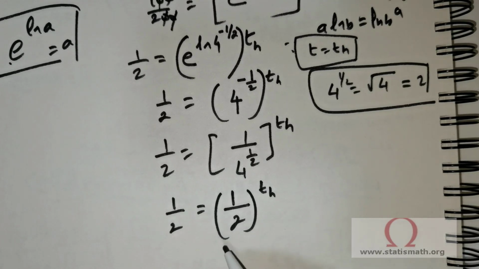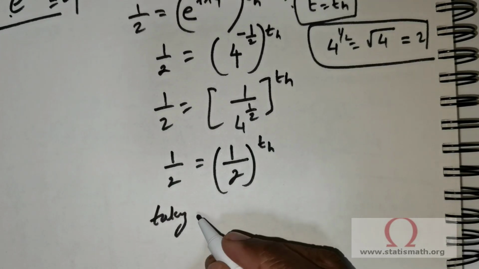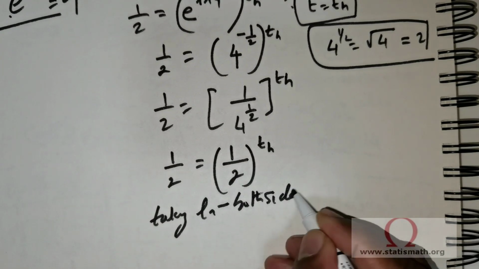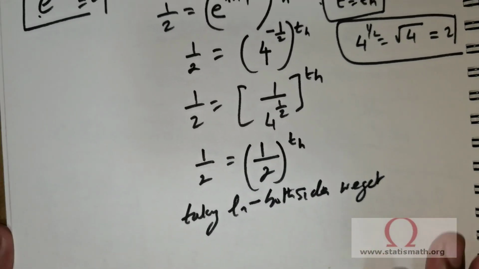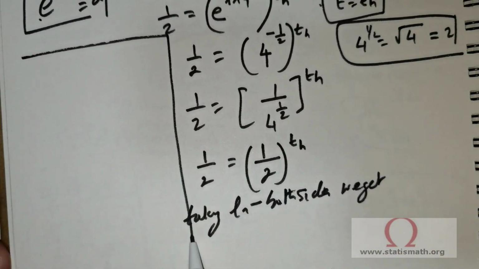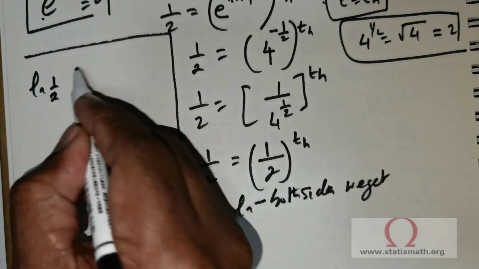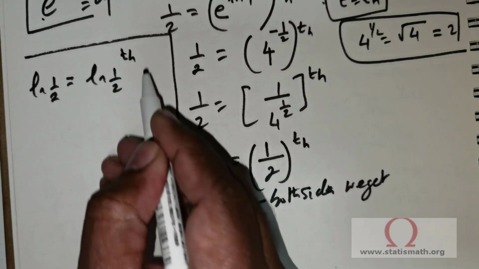So, what I'm going to do is take ln both sides. Okay, taking ln both sides, we get, so what do we get? Maybe I can use the space here. So, this is going to be ln of 1 over 2 is equal to ln of 1 over 2 raised to the power th.